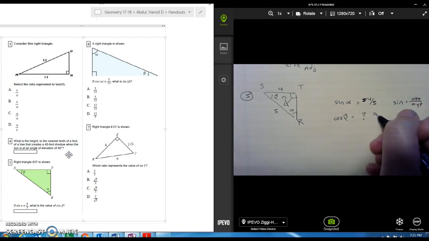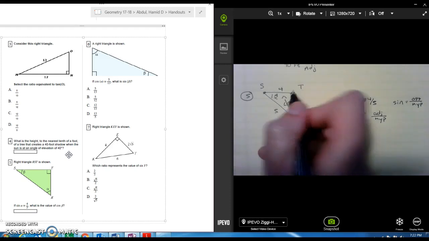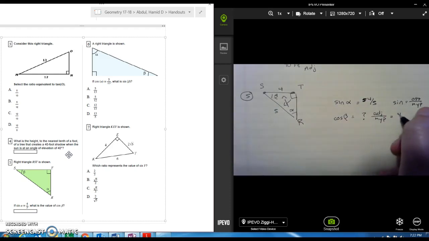And we know cosine is adjacent over hypotenuse. So if I look adjacent to beta, that's 4. And hypotenuse stays the same, right? So it's actually what we started with. And this would be left how it is. You don't have to put that in the calculator. I prefer you leave it as 4/5.